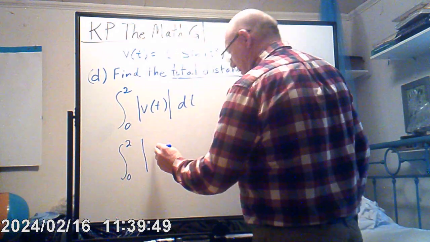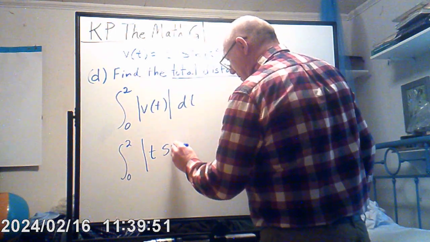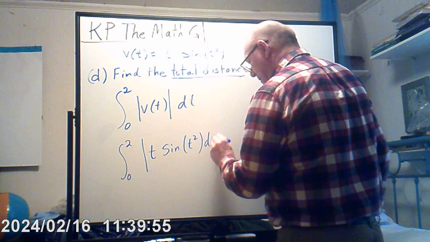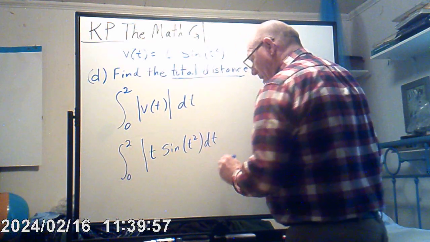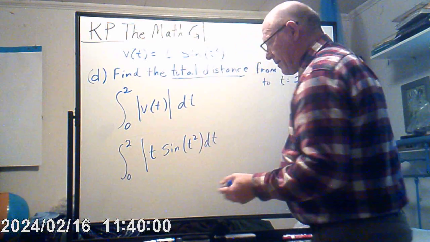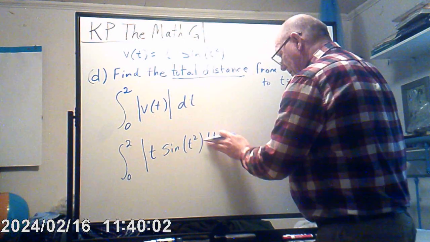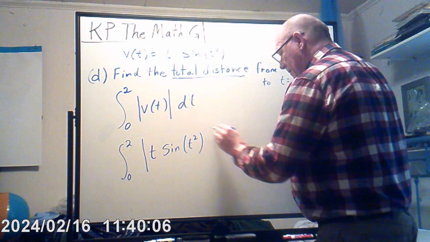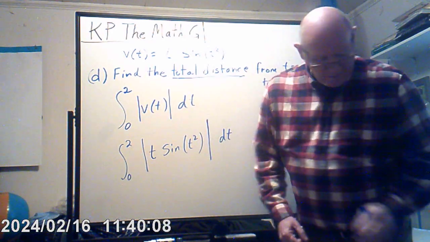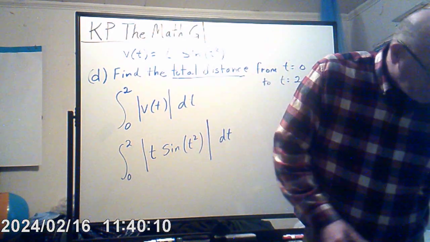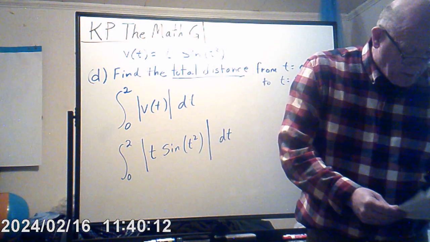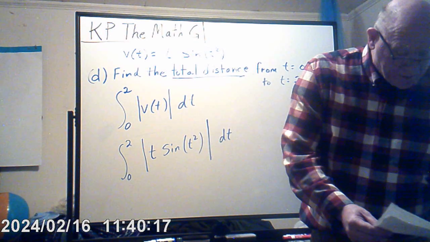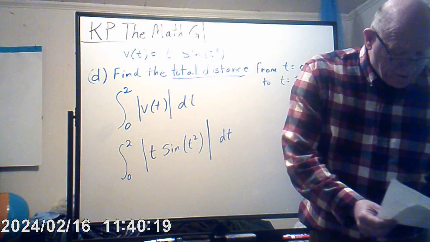This would be the integral of t sine t squared dt, and you can put that into the calculator like that.